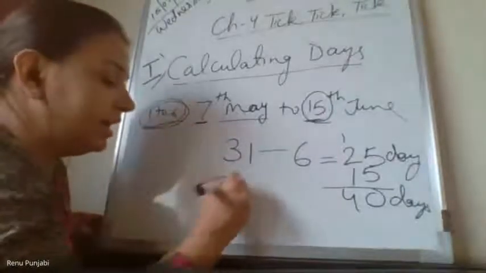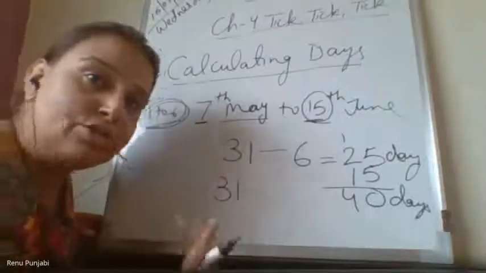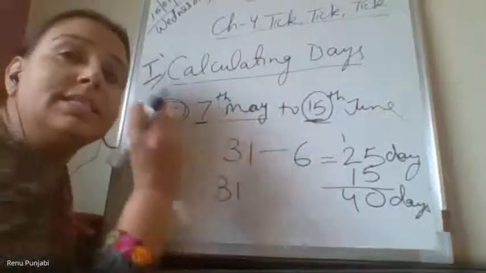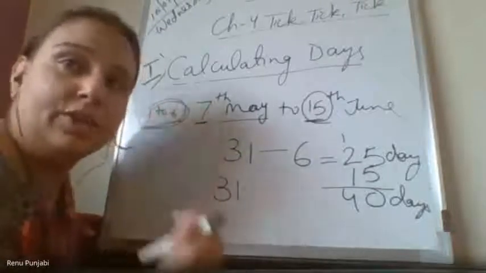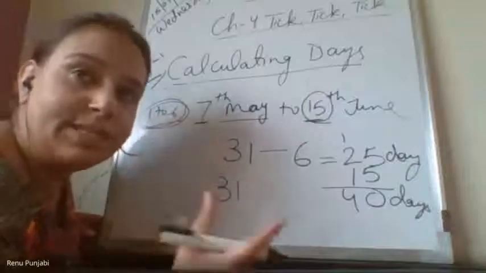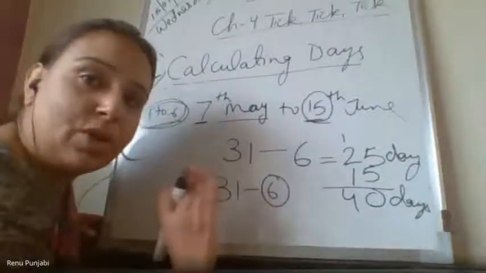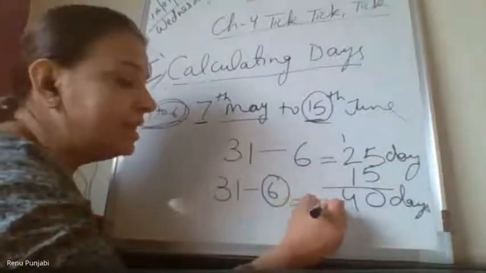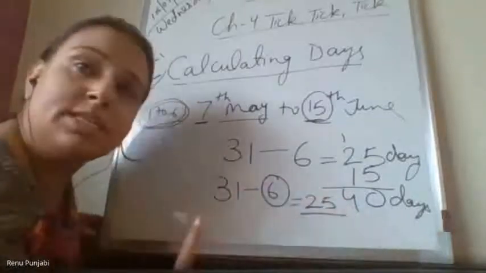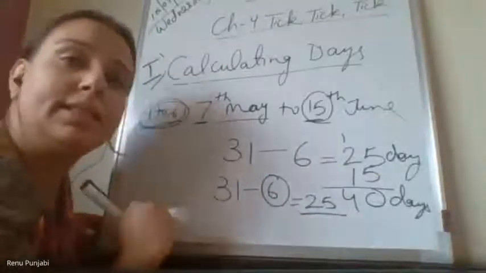You know 31 days are there in the month of May, but you know from the given information that the summer camp starts from 7th May, not from 1st May. So the summer camp was not there for 6 days. If you subtract those 6 days from 31, you will get the number of days the summer camp was there, which is 25. Am I clear, Ayush, now? Yes. So this is also one method.